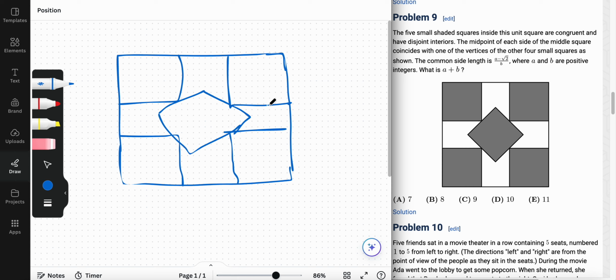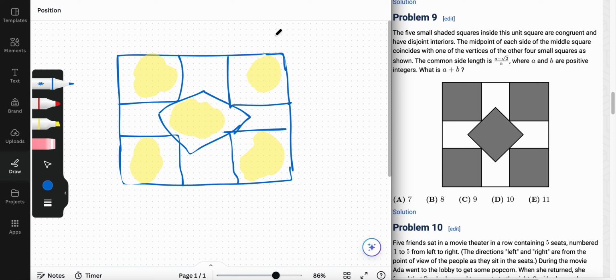Okay, this is obviously not the best drawing, but I think it captures the image pretty well. This is all shaded in. I'm just gonna shade in a part of it. Yeah, just like that.